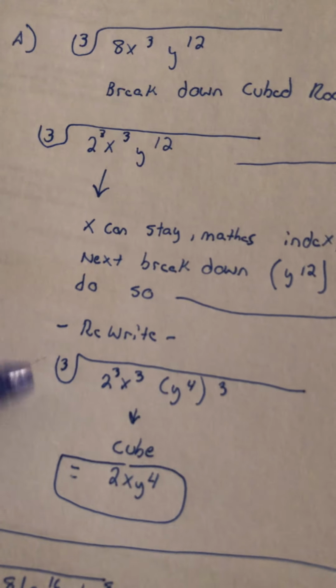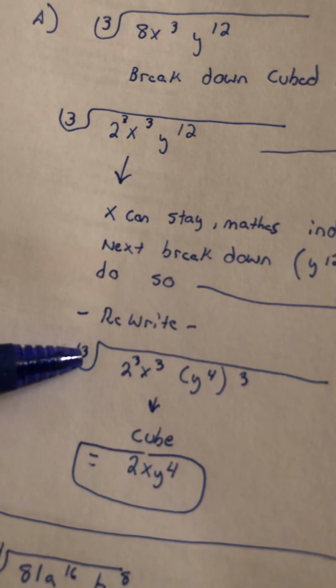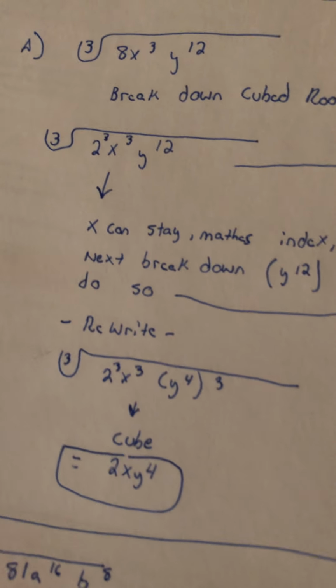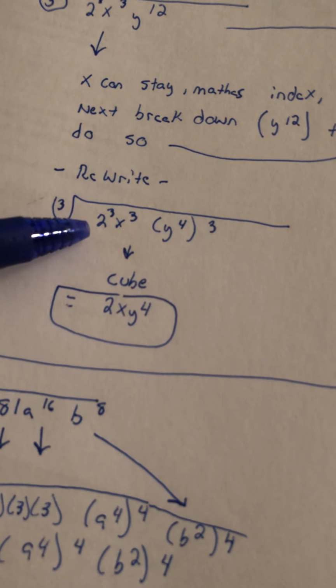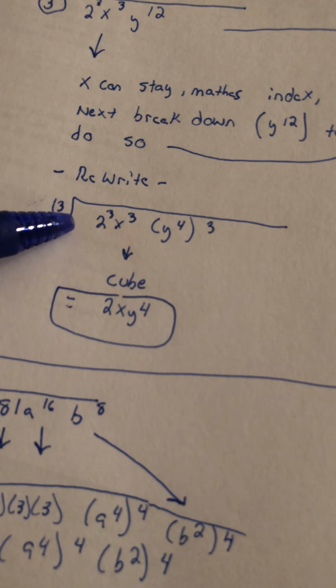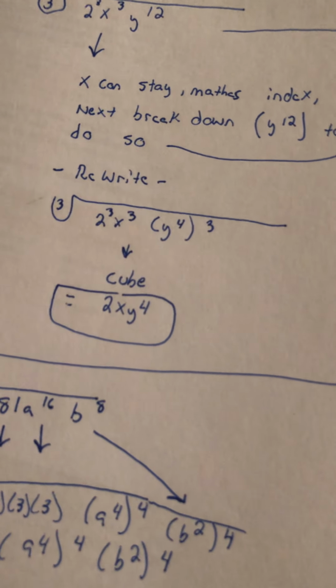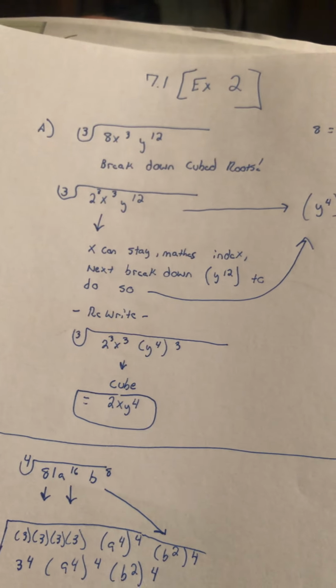Whatever number is right here, you want that on the outside of the parentheses in order to get rid of it at the end. Because when you rewrite it, you want to be able to break it down. So when I go to rewrite it, I can bring everything out, and that leaves me with 2x, because I brought my 2, because it was 3, brought it out, y to the fourth, because this is now gone, right? Let me bring that out just a little bit so you can see.